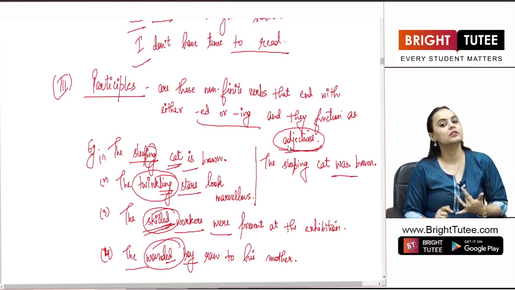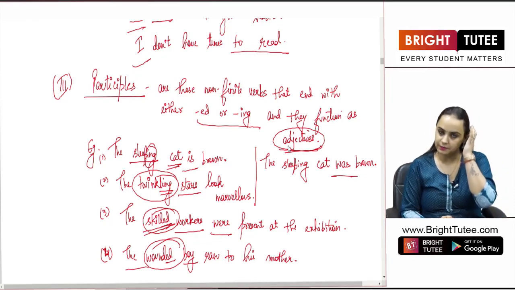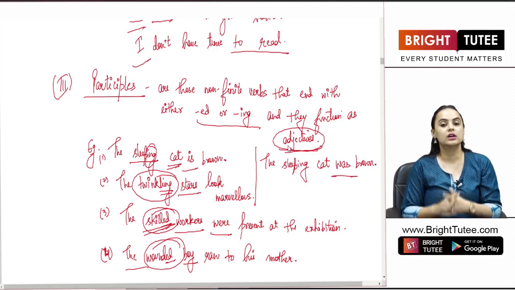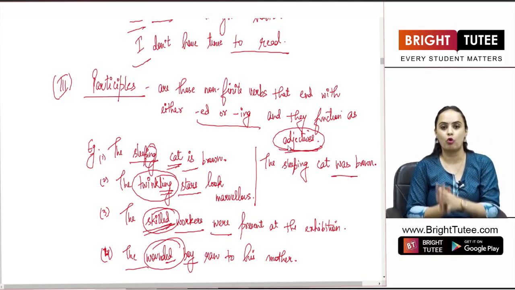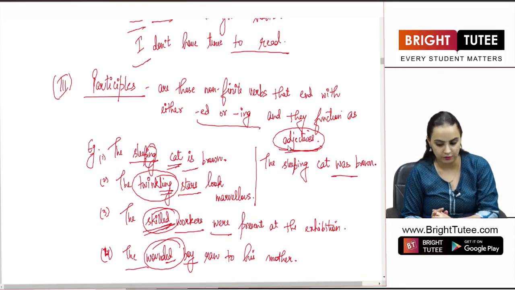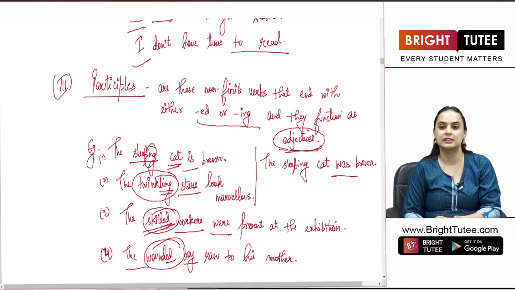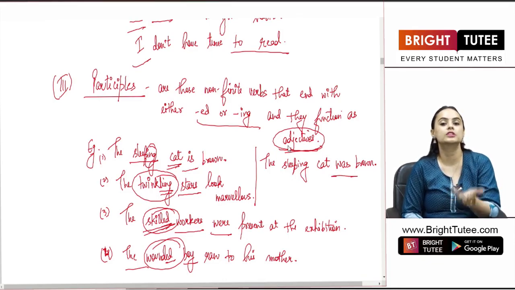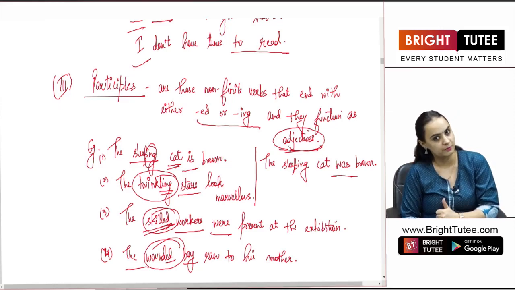Participles can either end with ing or they can end with ed. Again, these words never change their form irrespective of the tense or the singular or the plural of the subject, and participles will always tell you about the quality of the noun, so they act as an adjective.